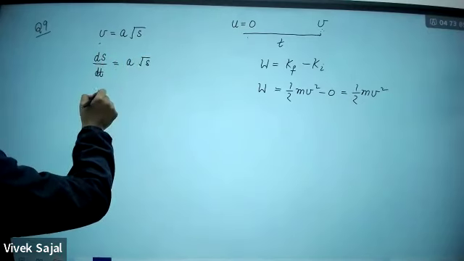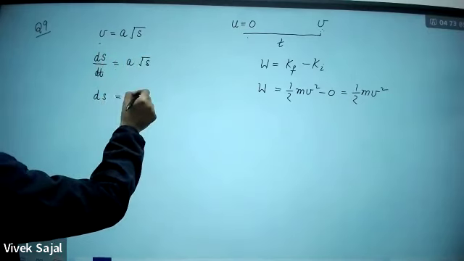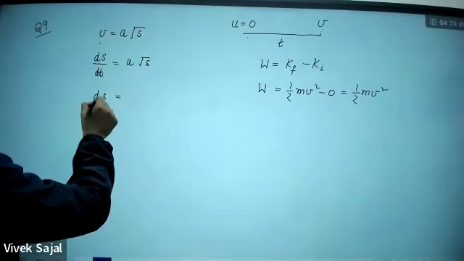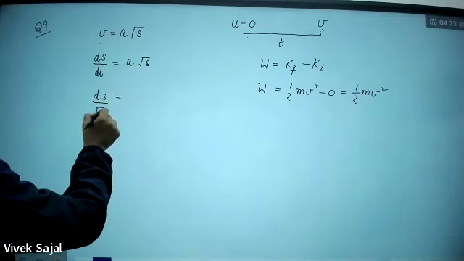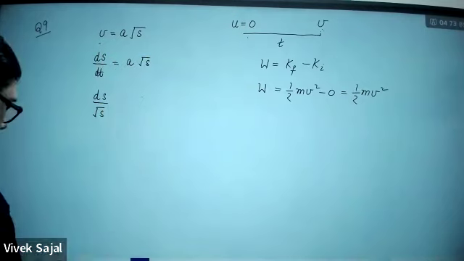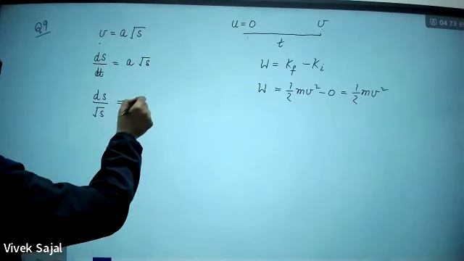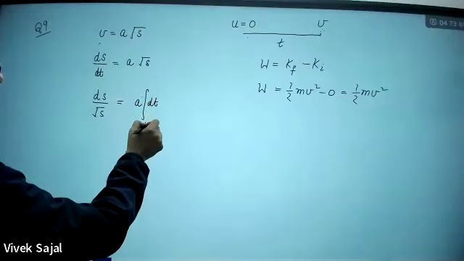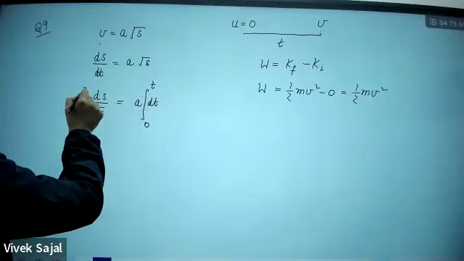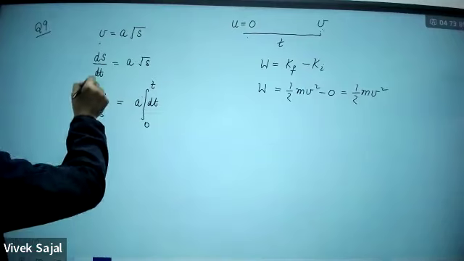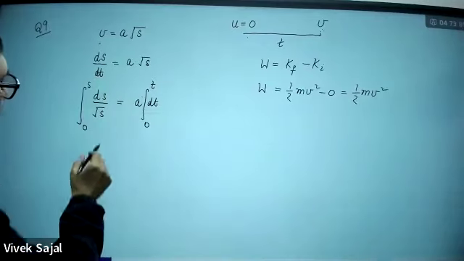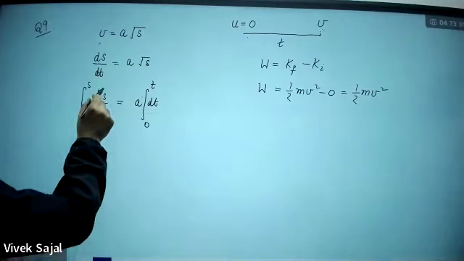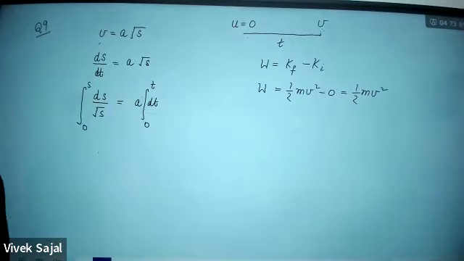I can write it as ds upon root s is equal to a dt, integrated from 0 to t. At time 0, I'm assuming s is 0. So this will be s to the power minus 1 by 2.